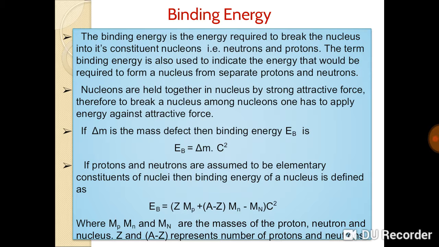If delta M is the mass defect, then binding energy E_B is equal to delta M into c square.